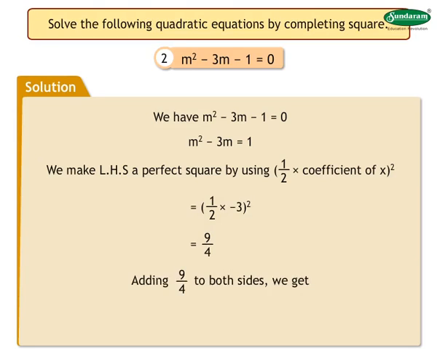Adding 9/4 to both sides, we get m² - 3m + 9/4 = 1 + 9/4.